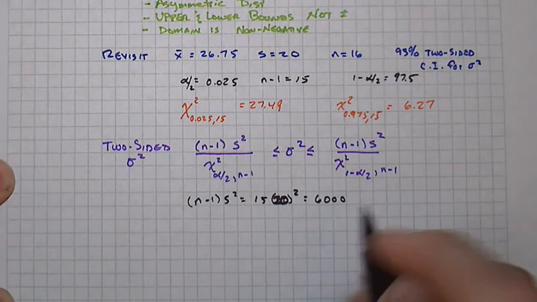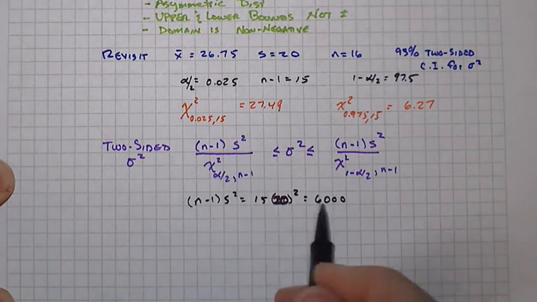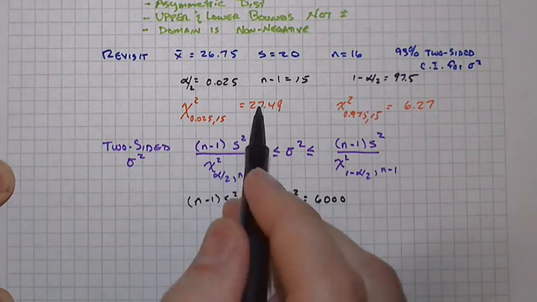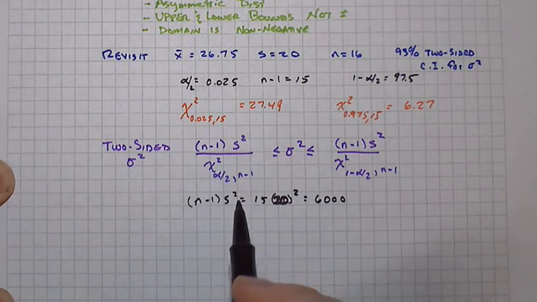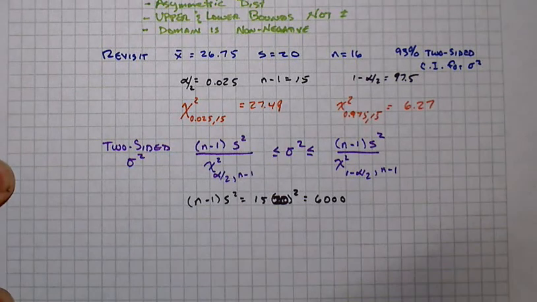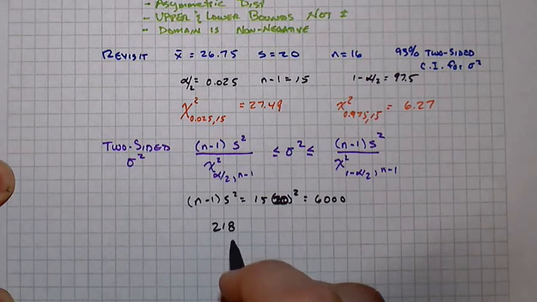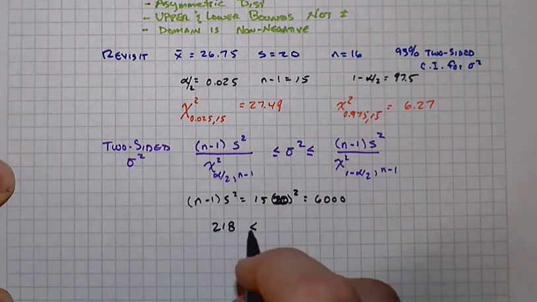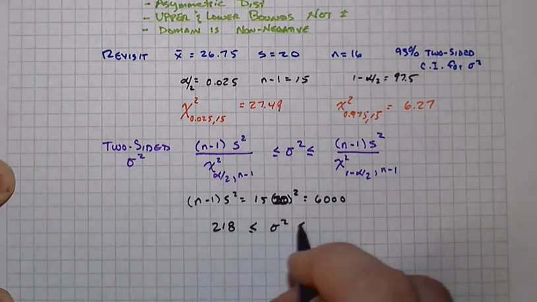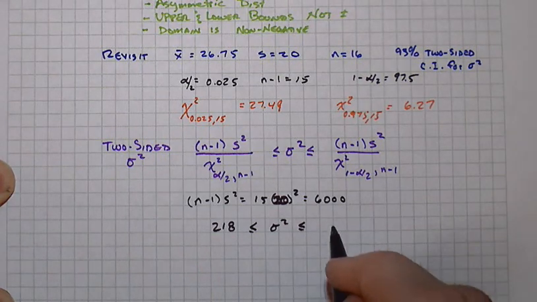Putting 6,000 in the numerator and dividing by 27.49, we end up with 218 as our lower bound on the interval, and on the upper bound we end up with 957.